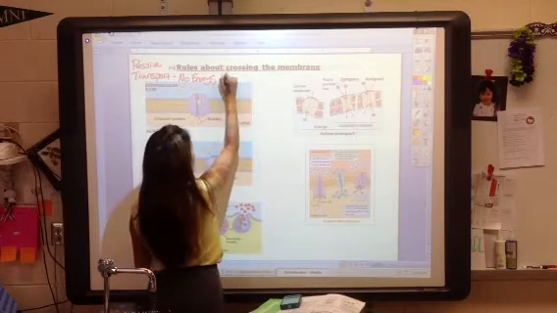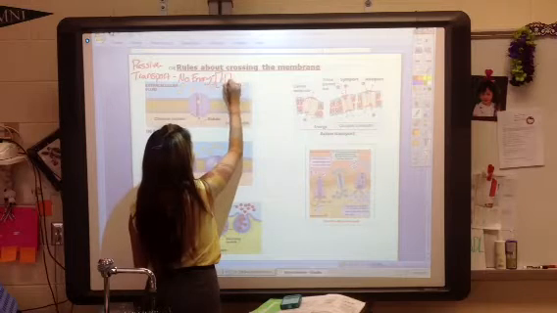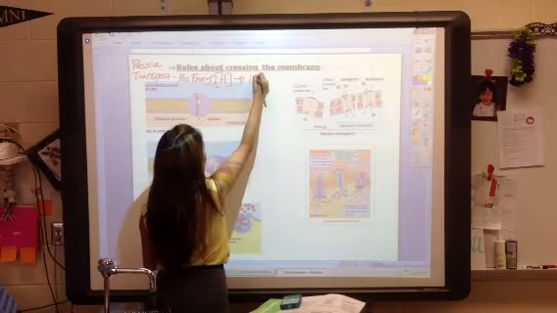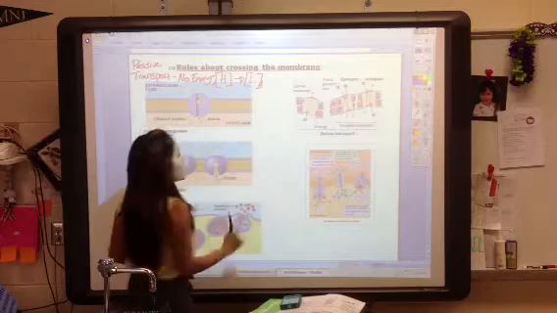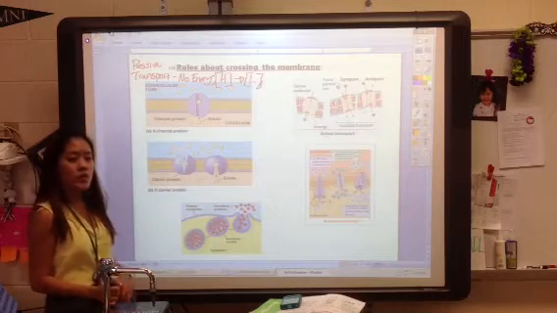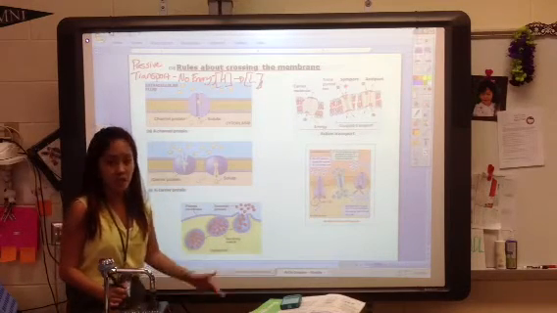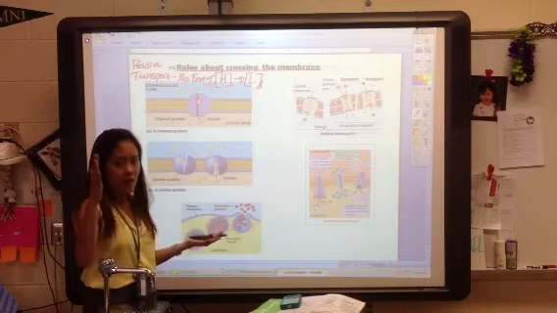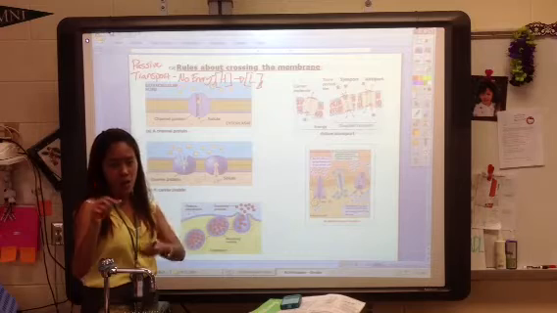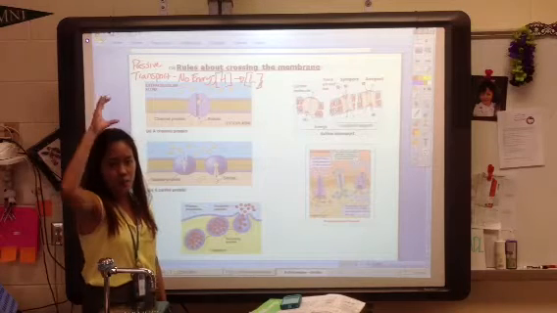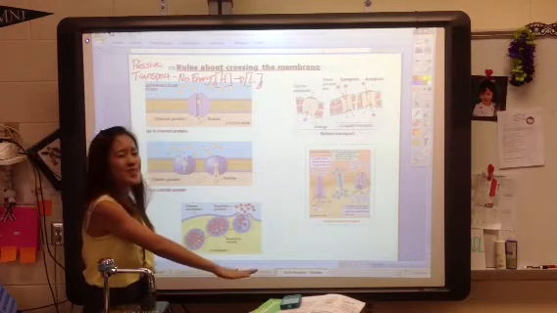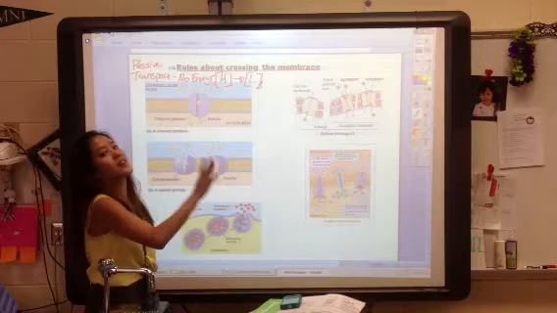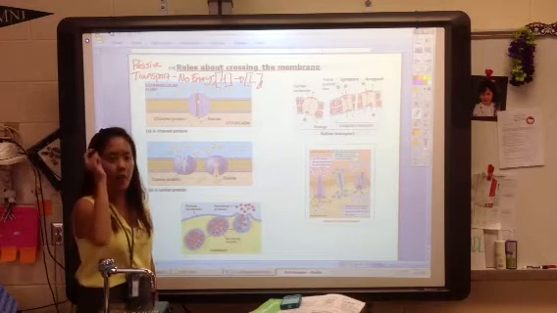You're moving from a high concentration to a low concentration, moving with the concentration gradient. Think of a hill with a wagon at the top. When the wagon is at the top, moving high to low is really easy, smooth sailing. You don't need energy to get that wagon down the hill.